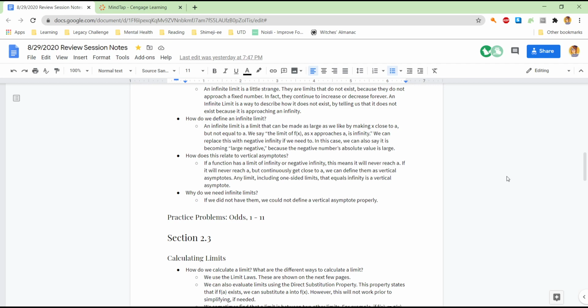So if the left-hand limit of f of x as x approaches a is equal to infinity, but the right-hand limit of f of x as x approaches a is equal to 1, it would still be a vertical asymptote. It looks like it's getting close to a from the right, but on the left, it's just going all the way to infinity.